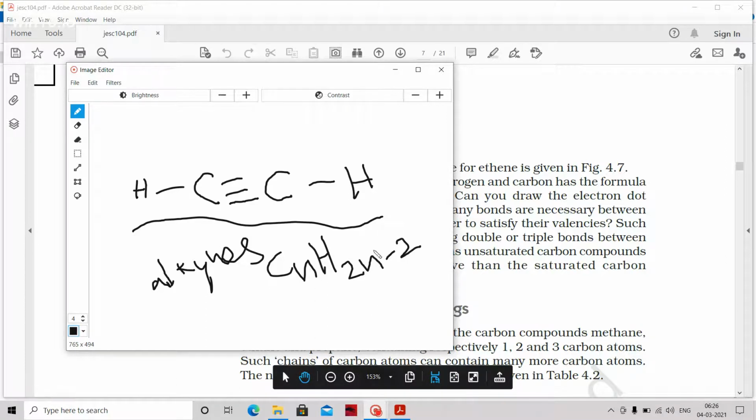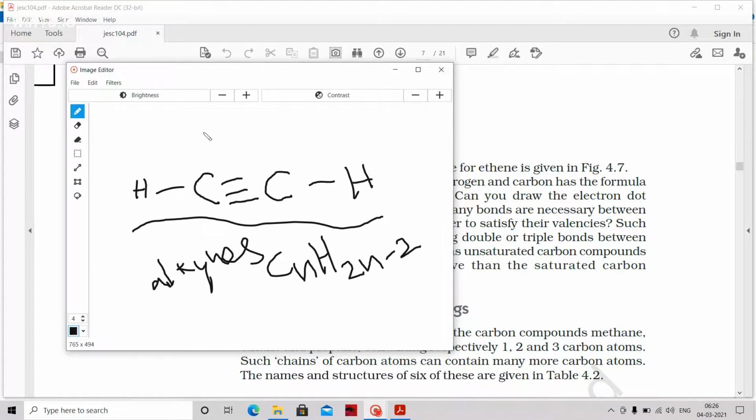You can see here carbons are 2. You put carbons 2, then this is 4 minus 2, 2. Hydrogens also I am having 2. So these are called alkynes, and their general molecular formula will be CnH2n minus 2. And alkenes, we told, have a double bond, molecular formula CnH2n.